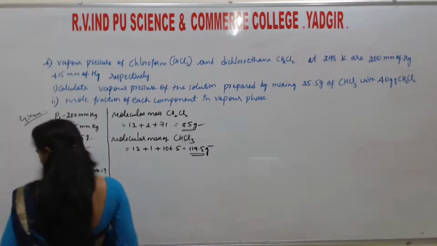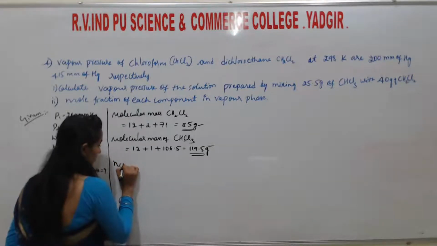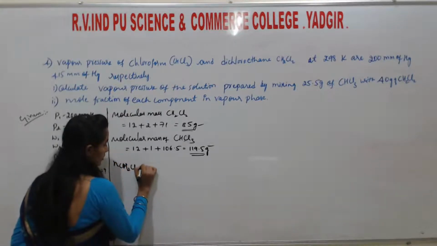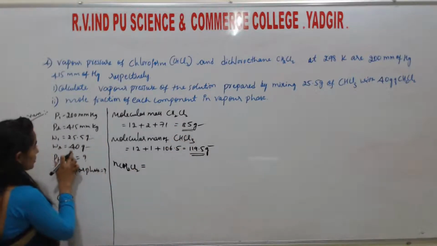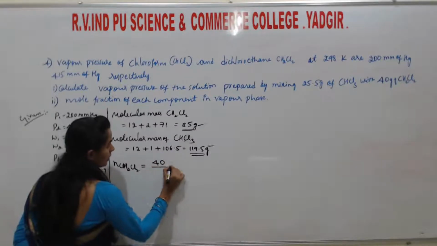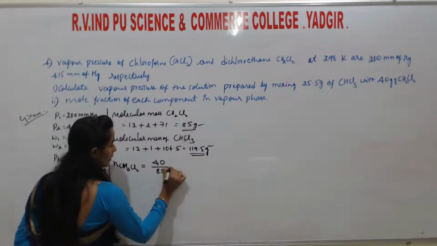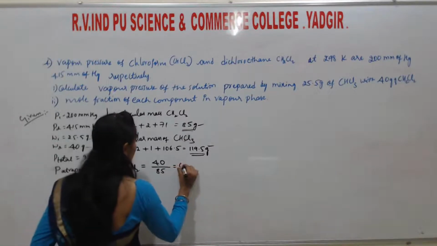Okay. So the number of moles: N of CH2Cl2 is equal to how much? The given mass of CH2Cl2 is 40 and here it is 85. 40 divided by 85 you get students 0.47 mole.